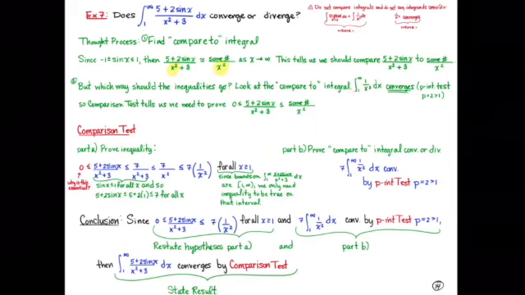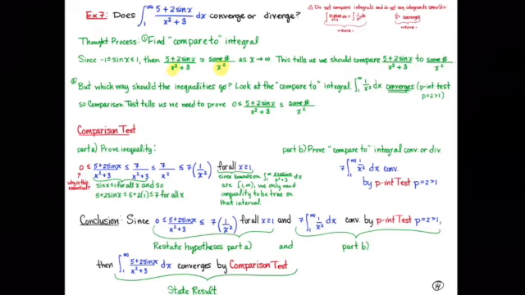And that tells us which way our inequality needs to go. Because this converges by the P integral test, it means that we need to prove that our function, our integrand, lies between 0 and something that converges. If instead we had to compare this to something that diverged, say instead in the numerator here, we had x plus 5 plus 2 sine x.